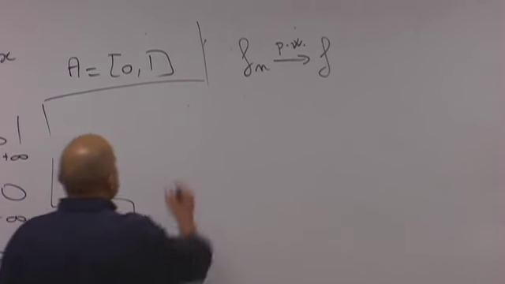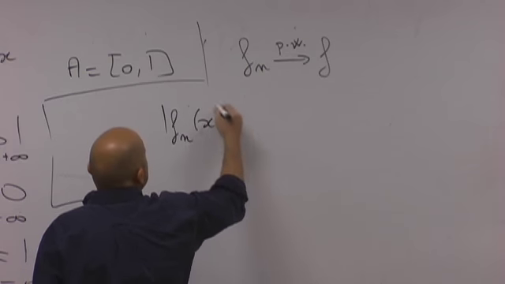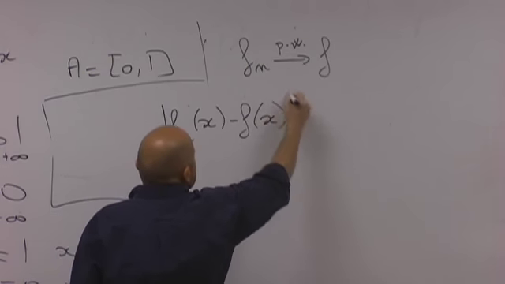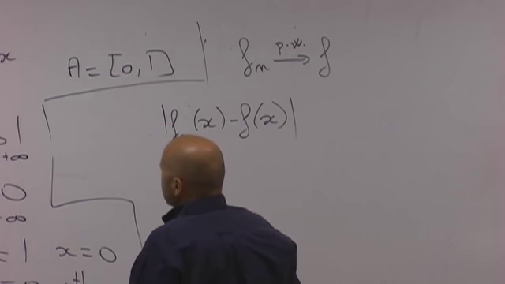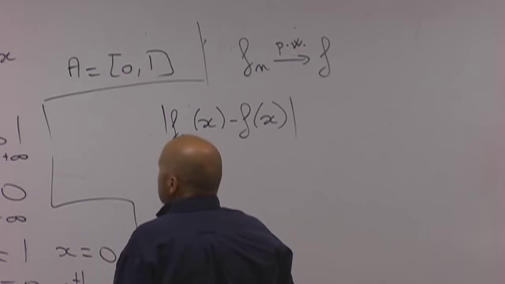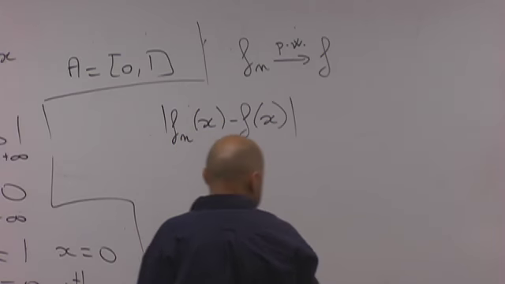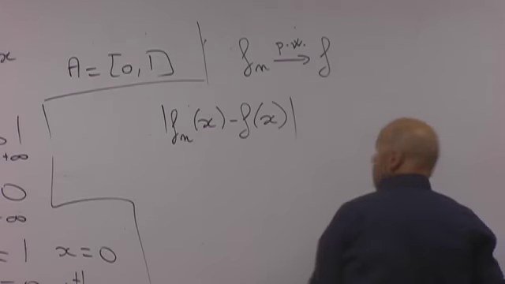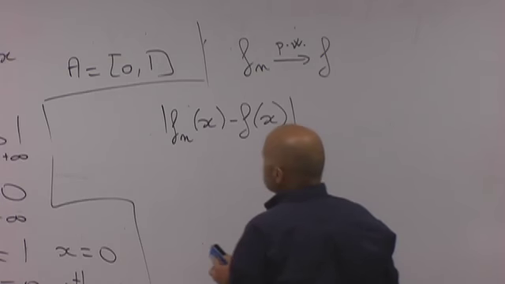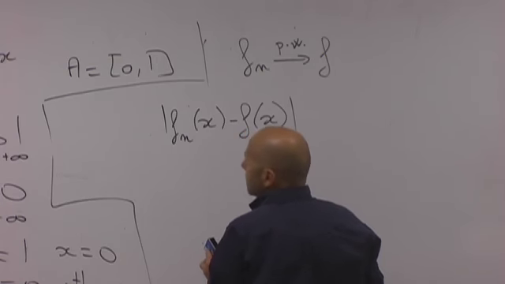Well, when you look at Fn(x) minus f(x), what do you get? At 0, you get 0 actually. So what's this?